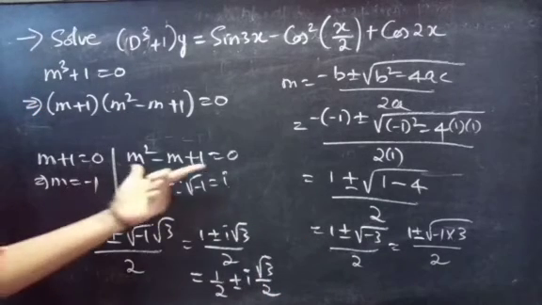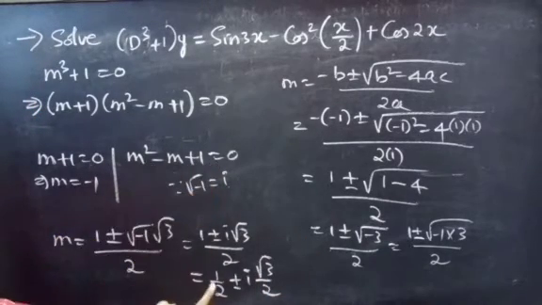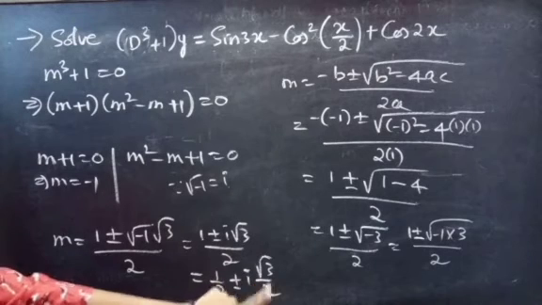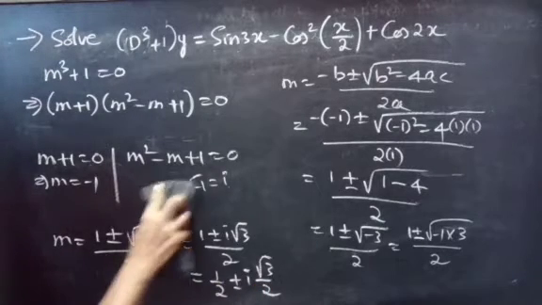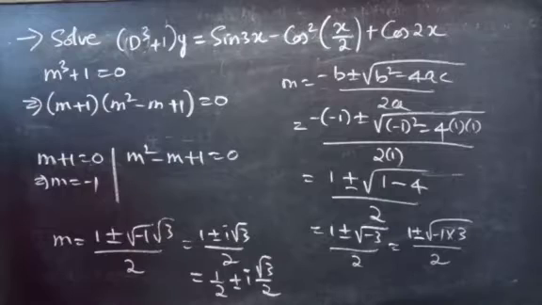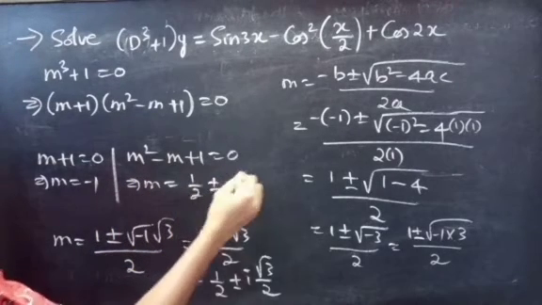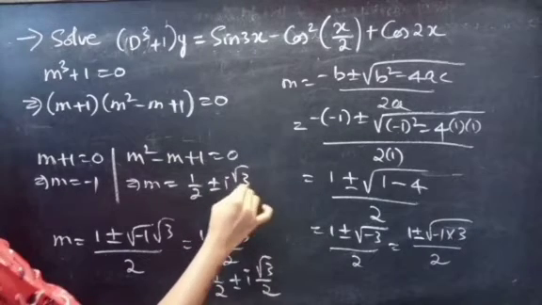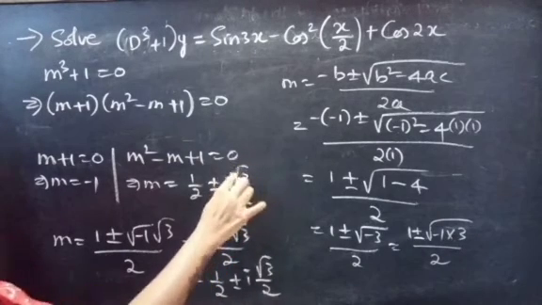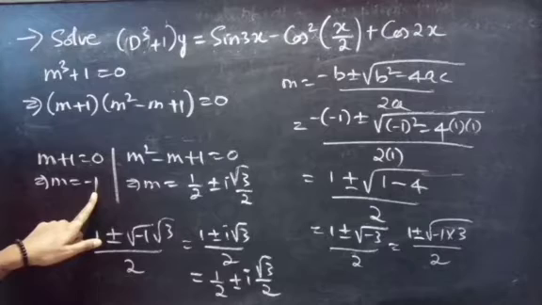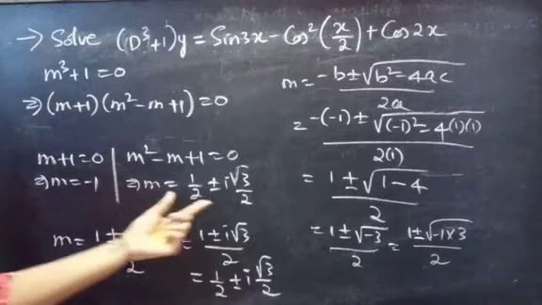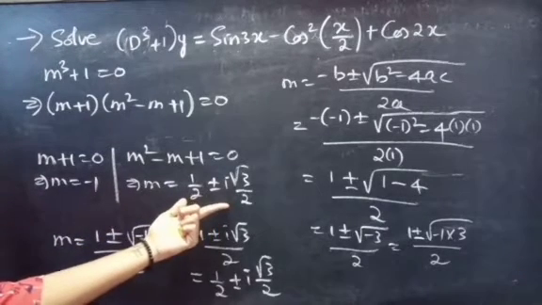So the roots obtained from the second equation are 1 by 2 plus or minus i root 3 by 2. Complex conjugate roots, right? This is real and distinct, and these are complex conjugates.